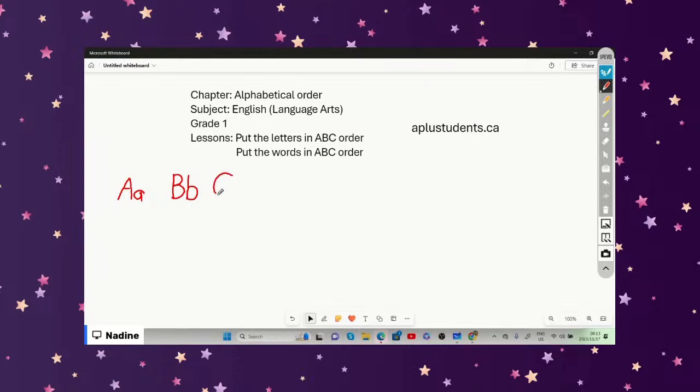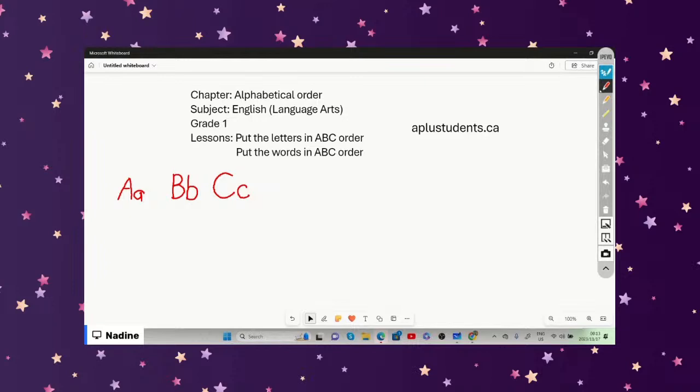And then we have C. Another way of saying it is K. Some people would say it is curling K, but it is K. That is the pronunciation of it.